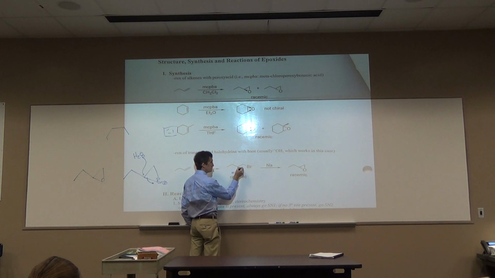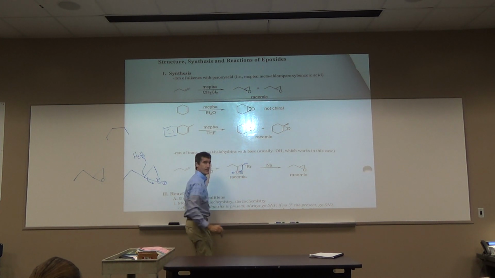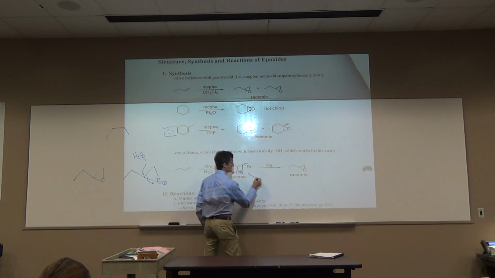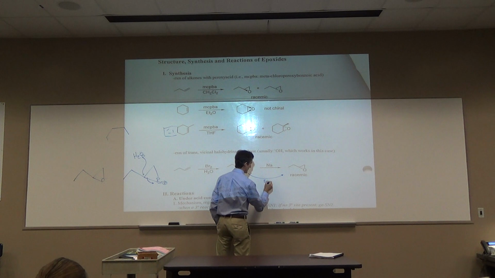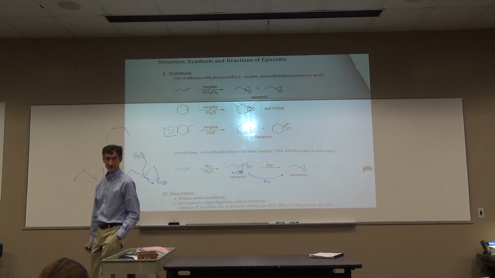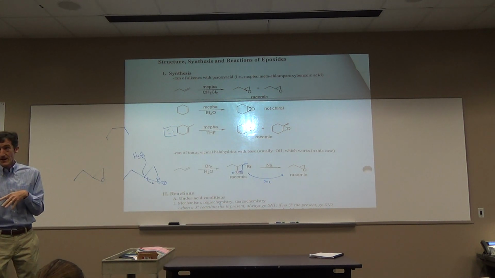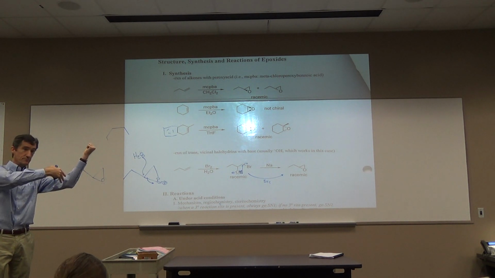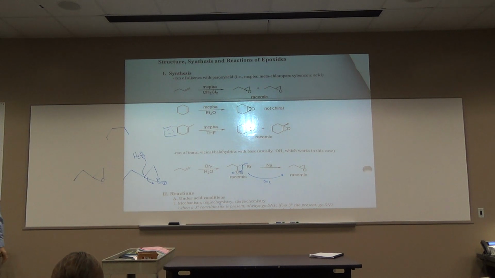This can just go boop, an internal SN2. That's basically Williamson ether synthesis. You make the O minus, and the carbon with the leaving group is right there, and it goes boop. This makes the ring. So a new way to make epoxides is reacting a halohydrin with sodium metal, and you give the epoxide.